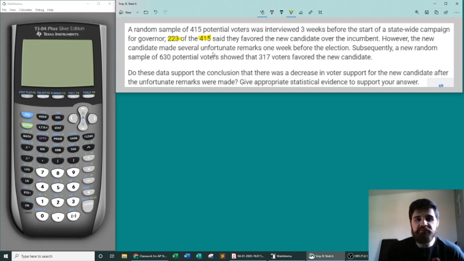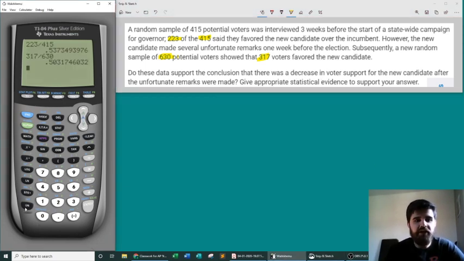However, this new candidate makes some unfortunate remarks during the campaign, and so subsequently we take a new sample and we see in this new sample of 630 voters, only 317 favor the new candidate. So our question here is, based on what we're seeing with these numbers, has support decreased for this new candidate?